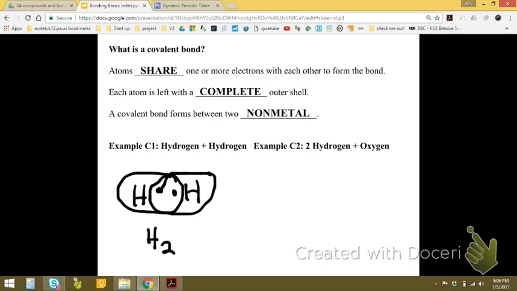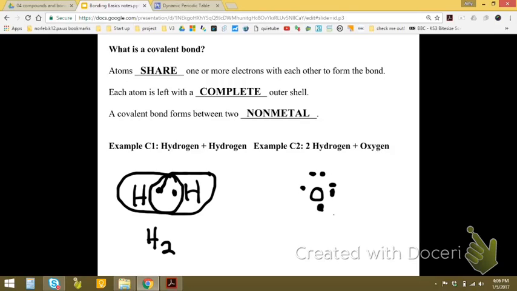Water, hydrogen plus oxygen, is similar. Oxygen has 6 valence electrons. And to make this a little easier, I'm going to switch colors for hydrogen.